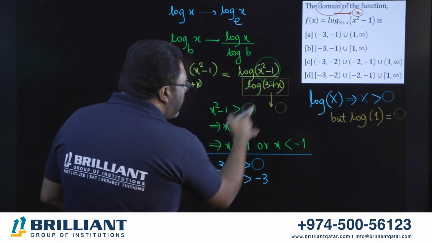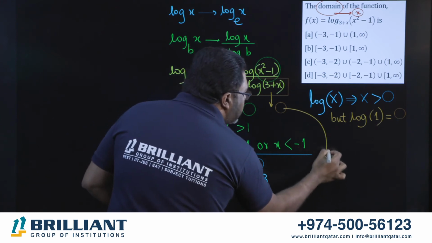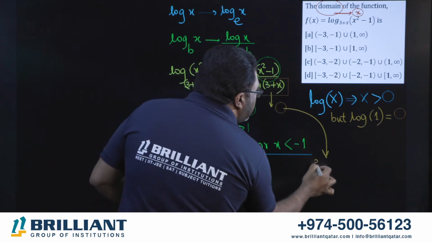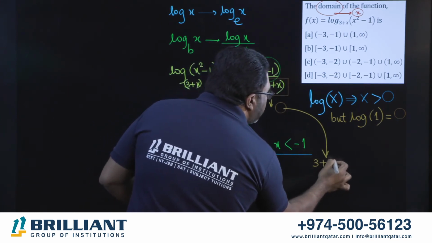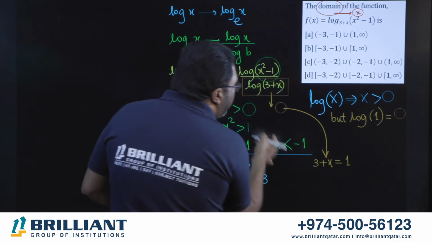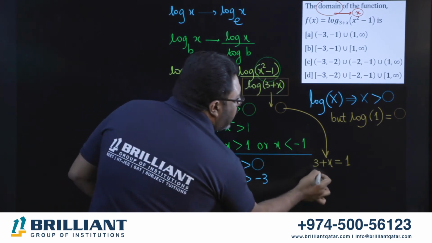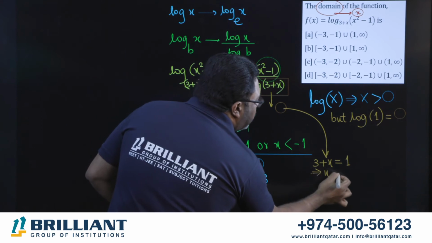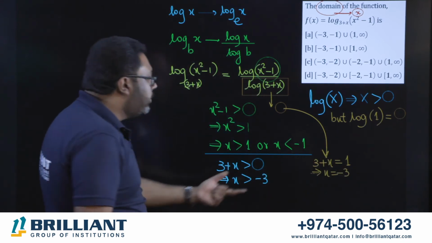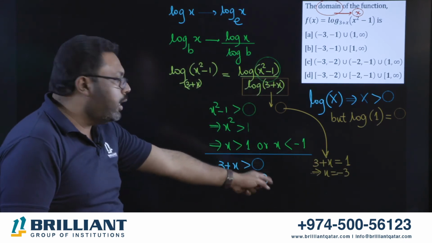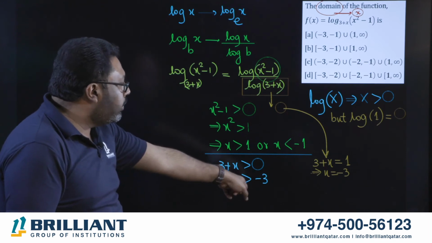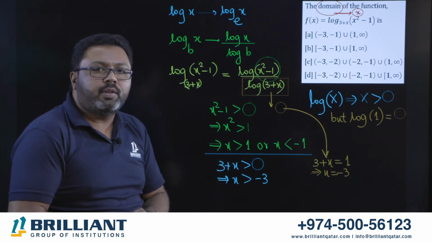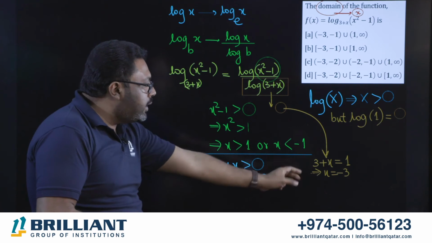This can become 0 if 3 plus x is equal to 1. Then this becomes 0, right? So x equal to minus 3 is going to make a problem for this. X equal to minus 3 cannot come.